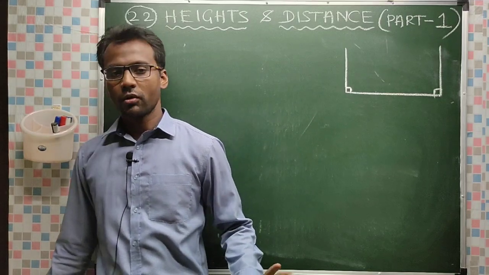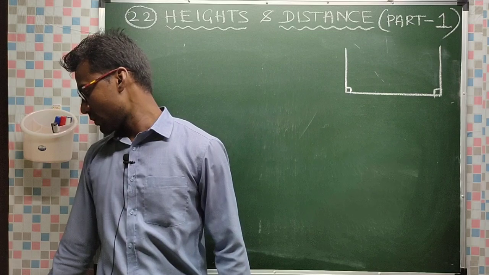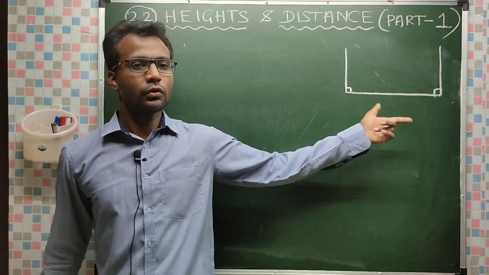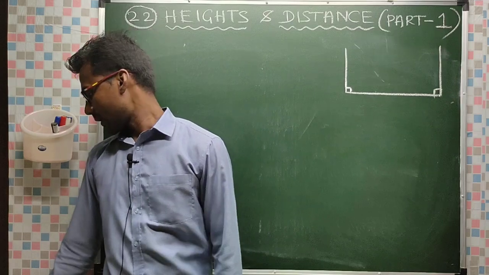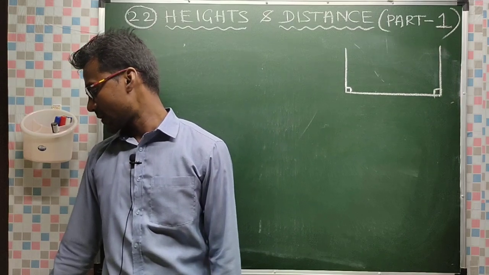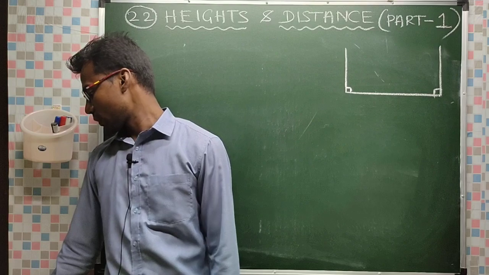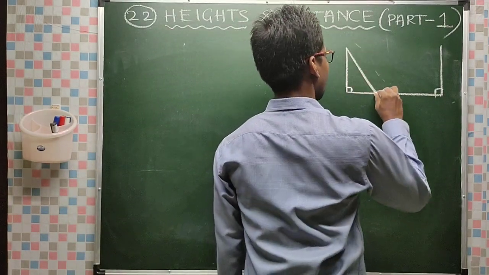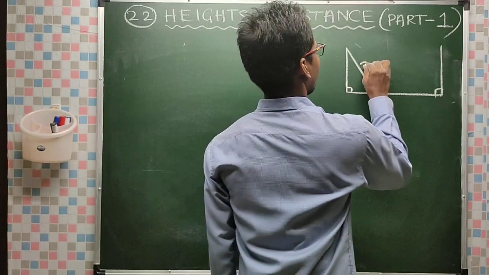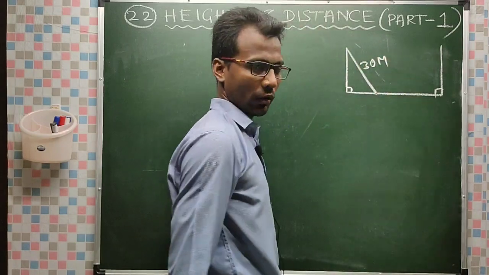A 30-meter long ladder is placed between the two poles, somewhere in between the two poles. When the ladder rests against one pole, it makes 32 degree 24 minutes with the pole. Suppose this is the ladder, 30-meter long ladder.